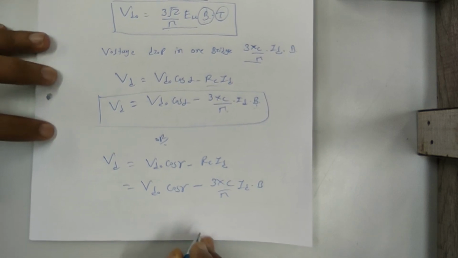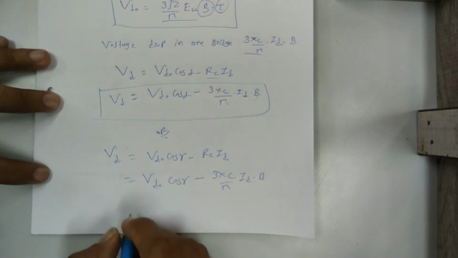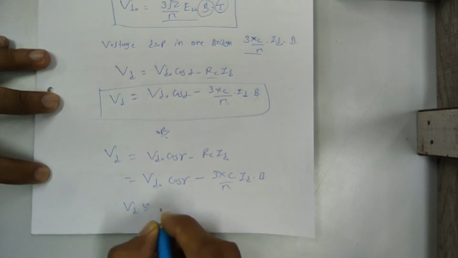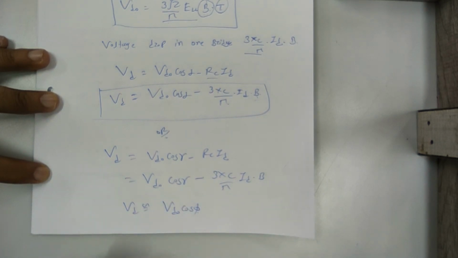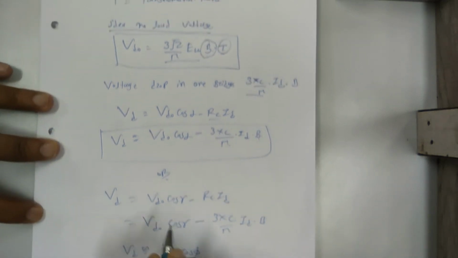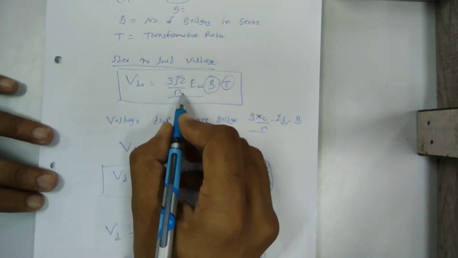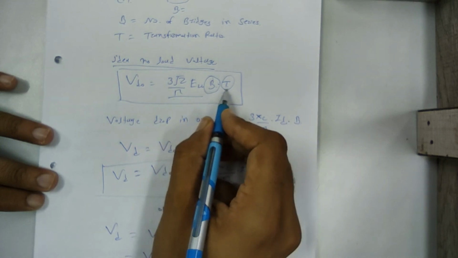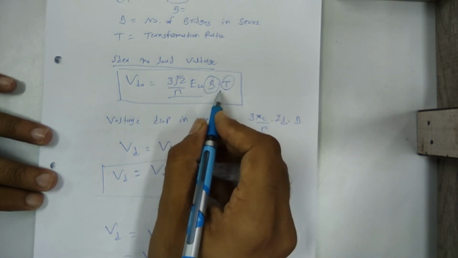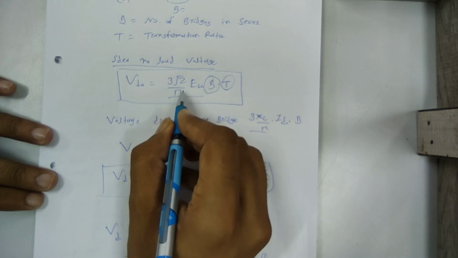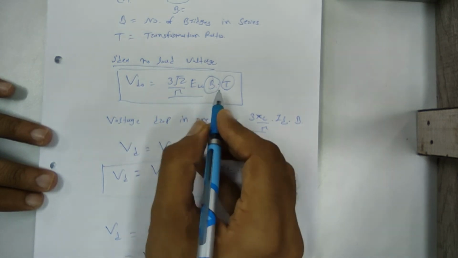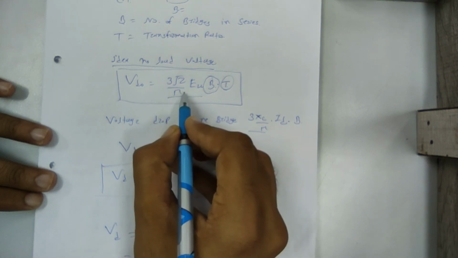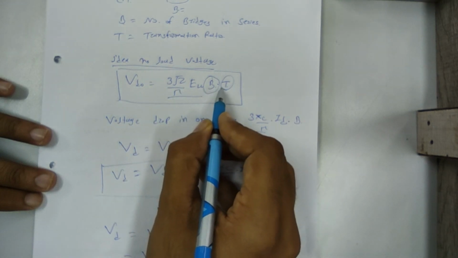In terms of power factor, we can also derive it. In the last lecture we derived the equation VD is approximately equal to VD0 cos phi. Clear? So in this equation you put the value of VD0, 3 root 2 by pi ELL B into T. In the normal 6 pulse converter, VD0 is only 3 root 2 by pi ELL. But in the multiple bridge converter, VD0 is 3 root 2 by pi ELL B into T. Clear?